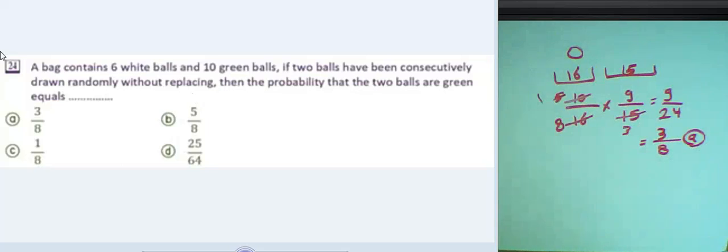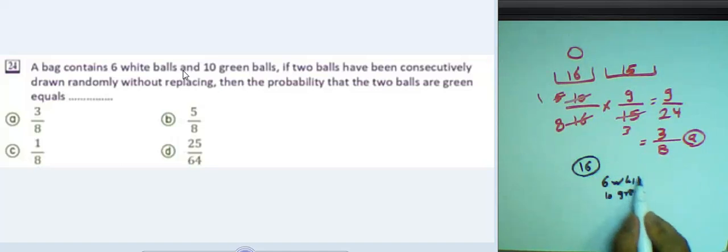Understood this example? We have a bag that contains 6 white and 10 green, and the total is 16 balls. He tells us 2 balls are drawn consecutively at random without replacing.